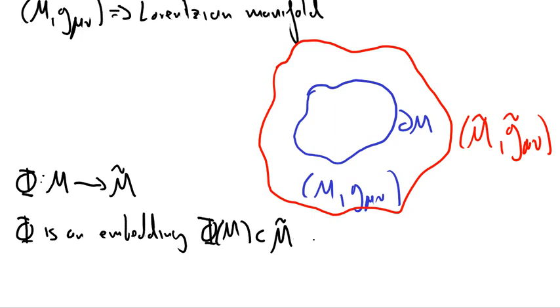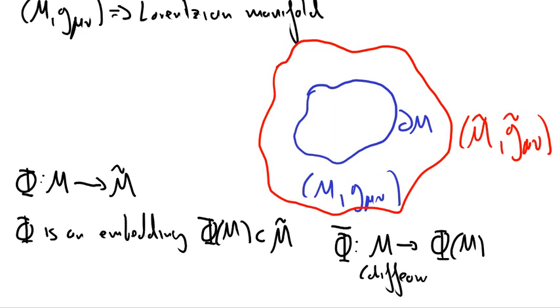And then the restricted map, let me just use the notation phi bar, is a diffeomorphism. Okay, so this is just an embedding.